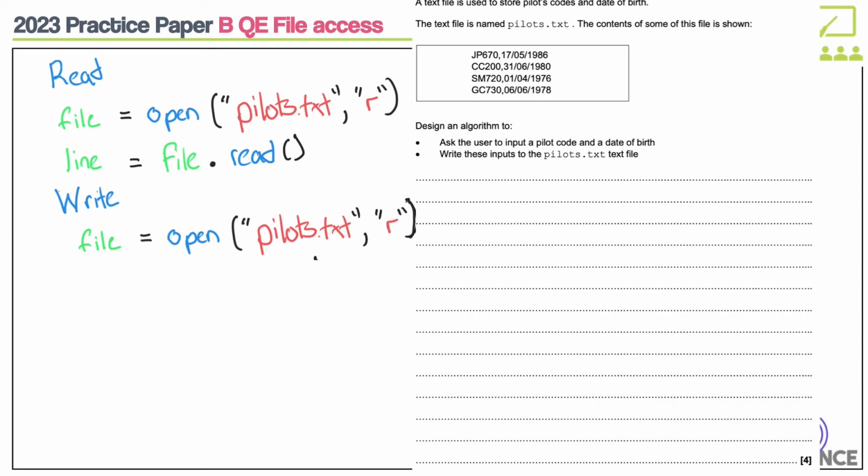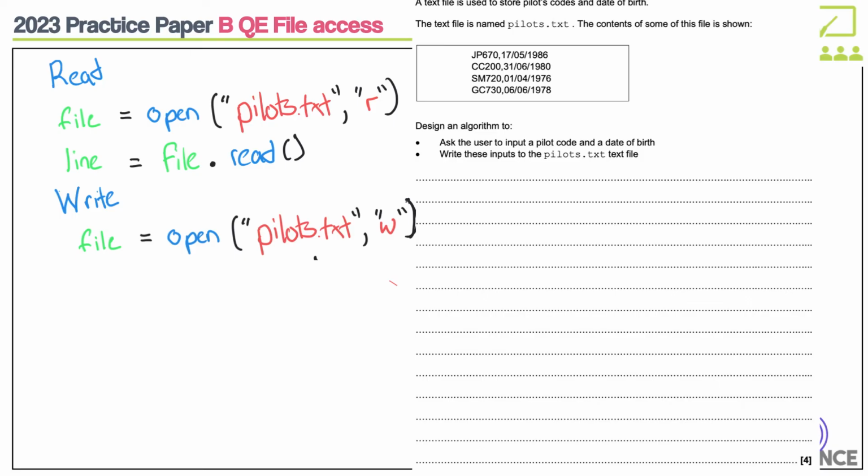We can put in the value W, which will allow us to write to a file. But writing to a file means that it will overwrite whatever was there beforehand. So it will go into the file, start from the beginning and just overwrite stuff.